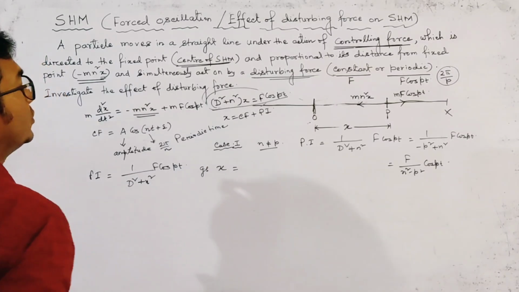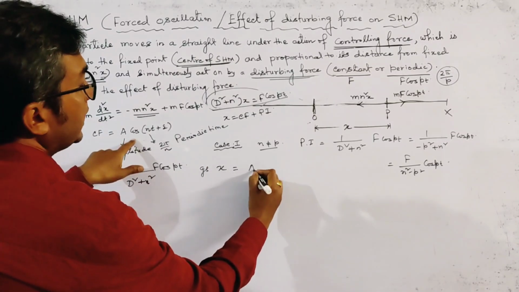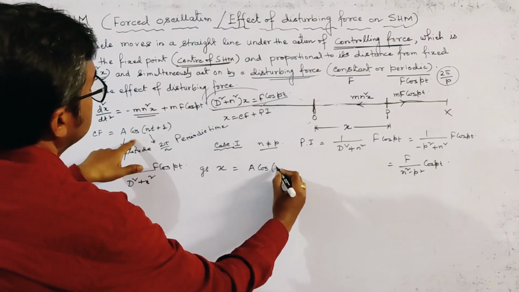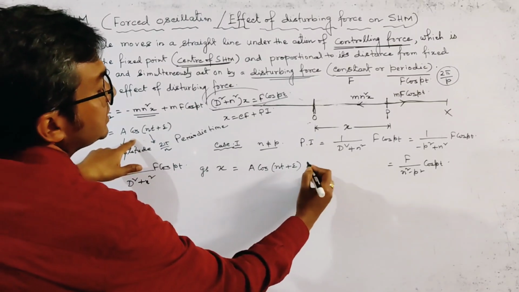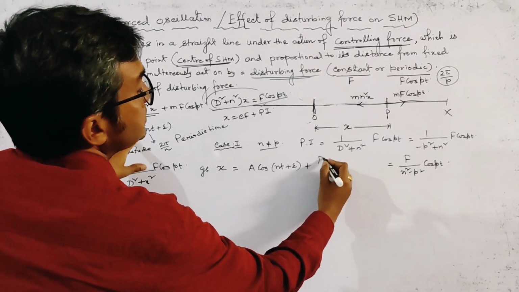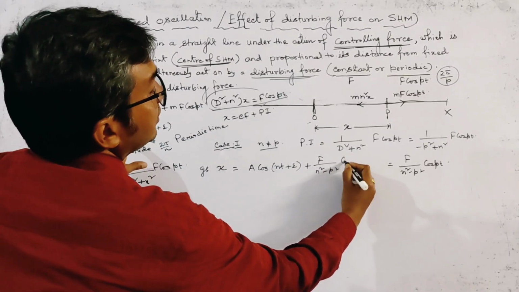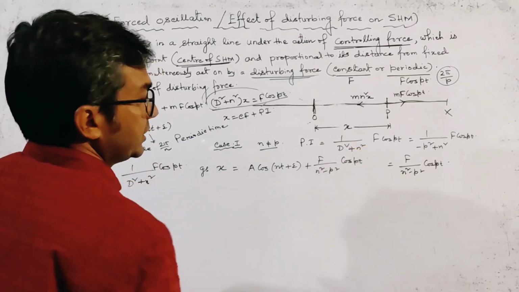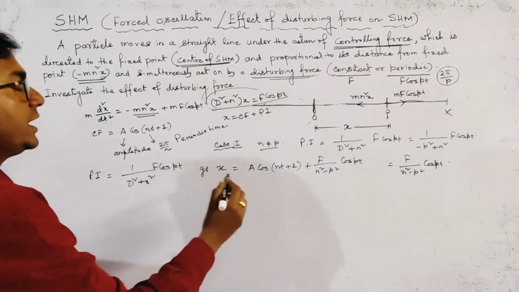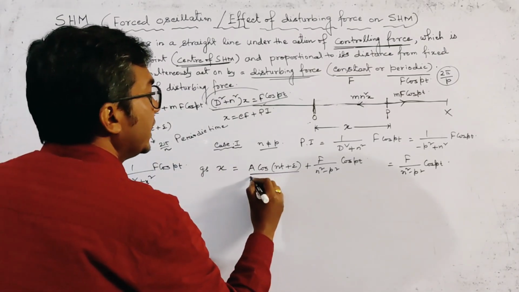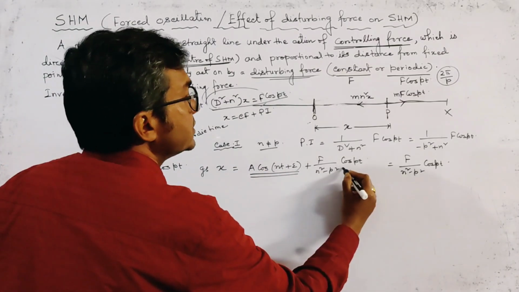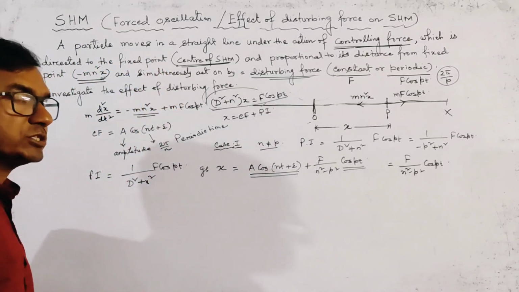And in this case the general solution is x equal to the complementary function, this is a cos(nt plus epsilon), plus f by (n square minus p square) cos pt. Okay, and clearly this is a periodic motion, and this is also a periodic motion.